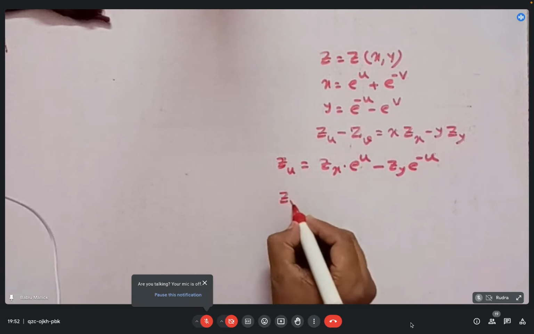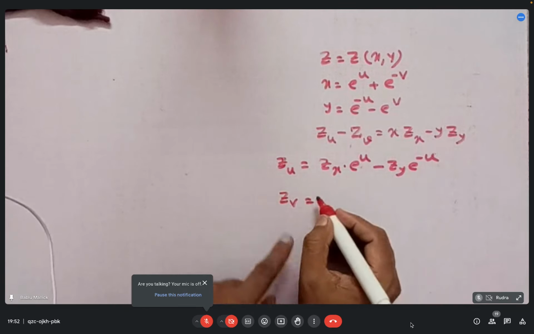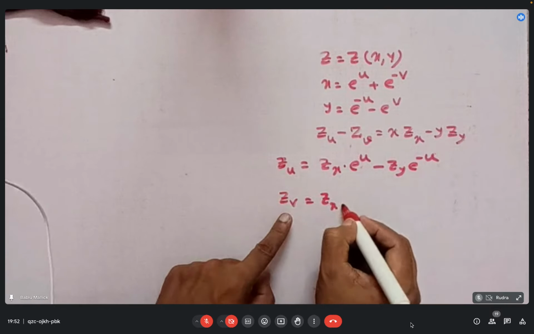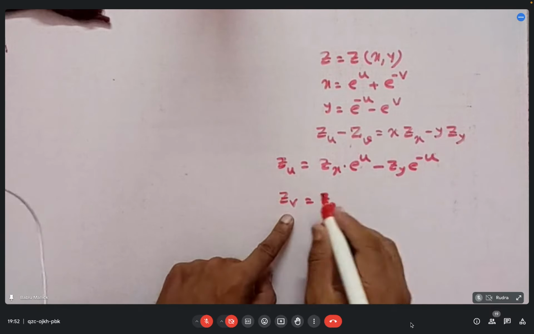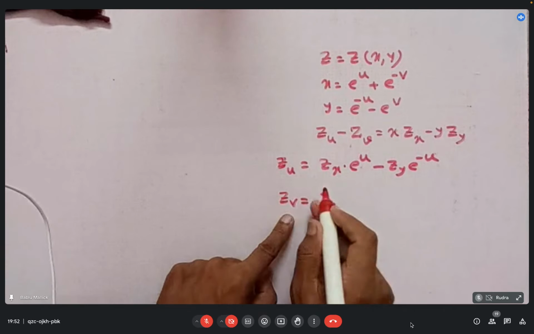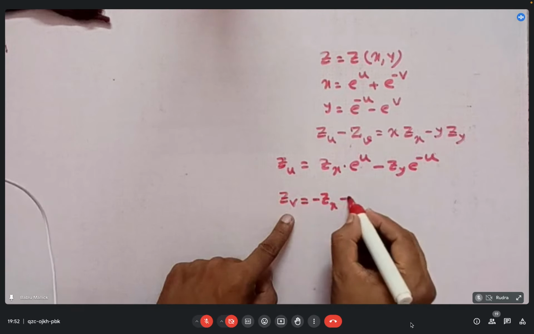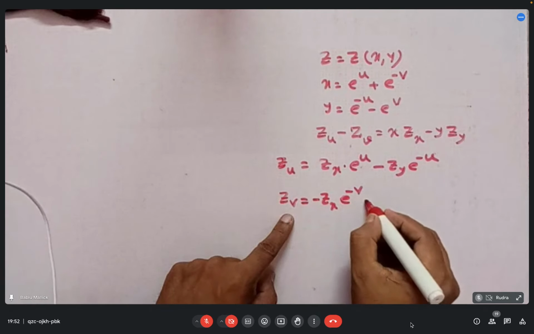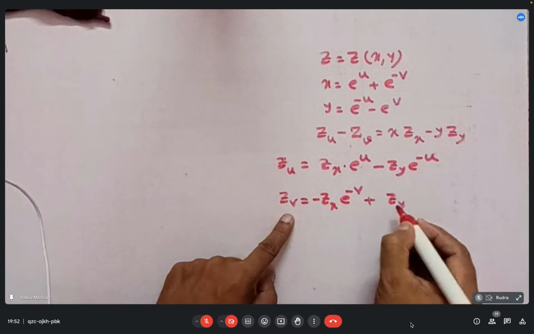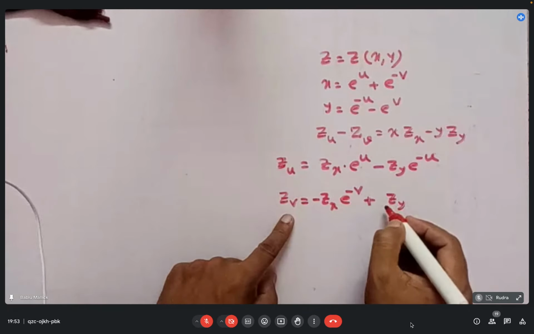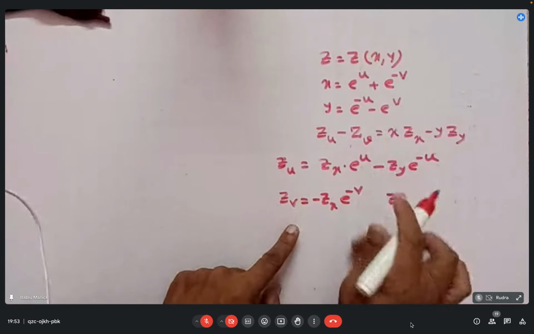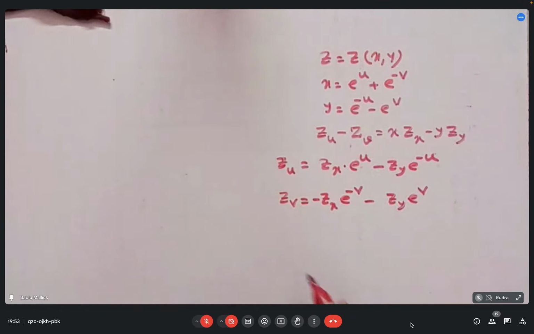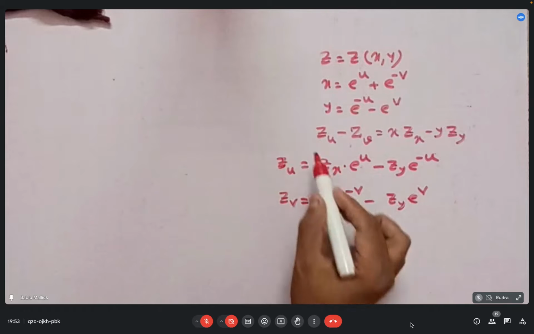And z v is equal to del z del x into del x del v. So del x del v is minus of e to the power minus v, plus del z del y into del y del v, that is also minus of e to the power v. So just calculate this.